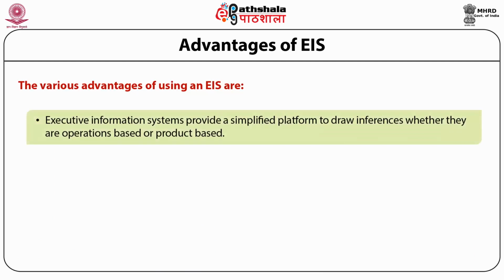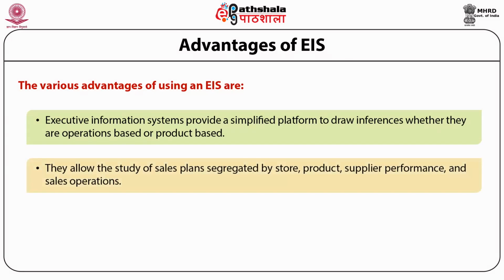The EIS provides a simplified platform to draw inferences, whether they are operation-based or product-based. They allow the study of sales plans segregated by store, by product, supplier performance, and sales operations.